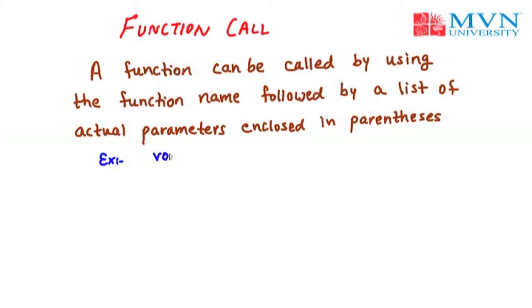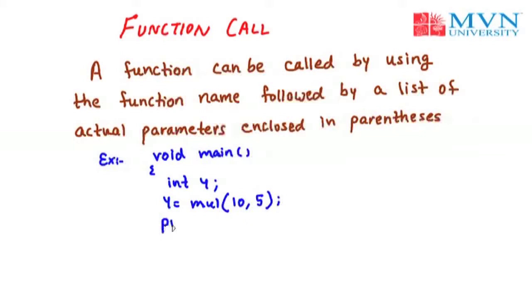I write a program for multiplication of two variables. void main, take one variable y is equal to multiply, that is the function, and give the value of the parameters, then the printf statement and the variable y, close the main function, then start the definition of the function here.